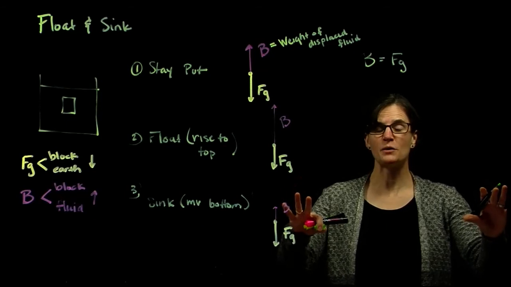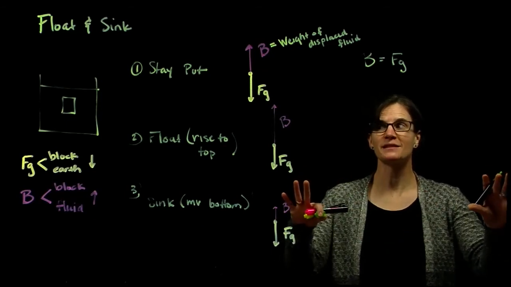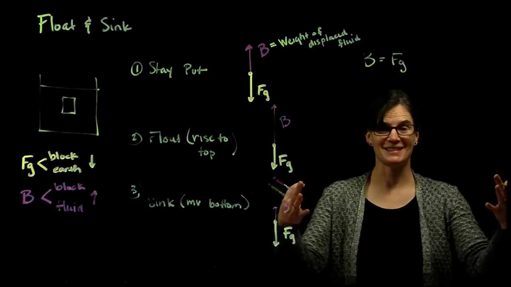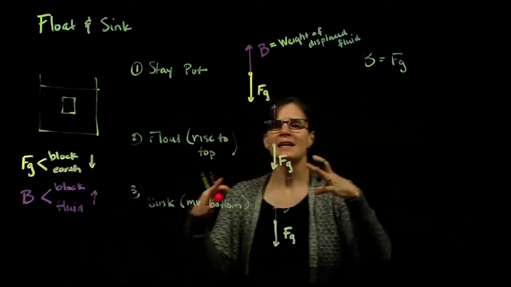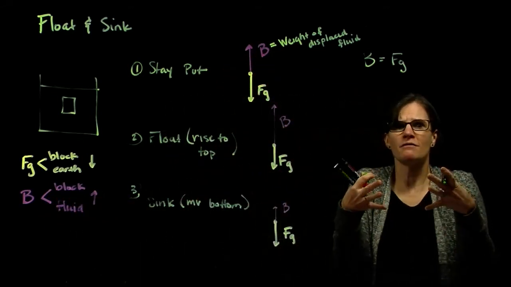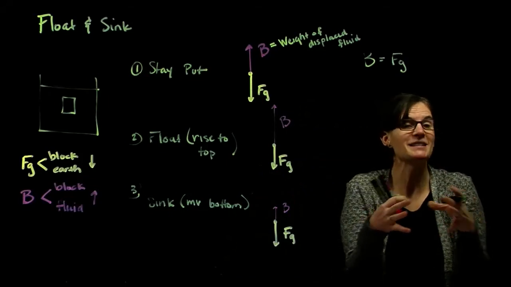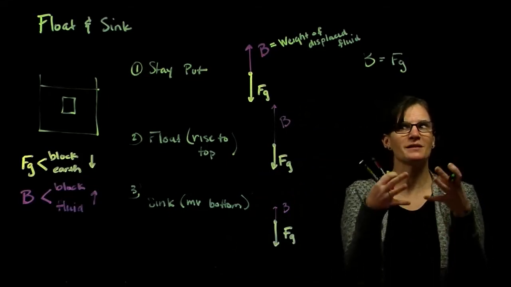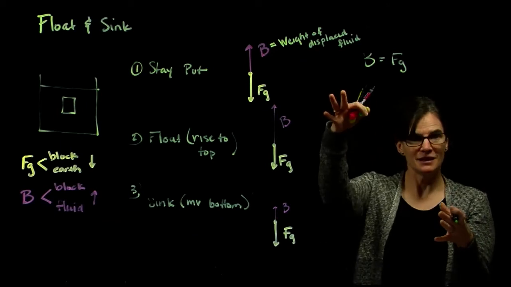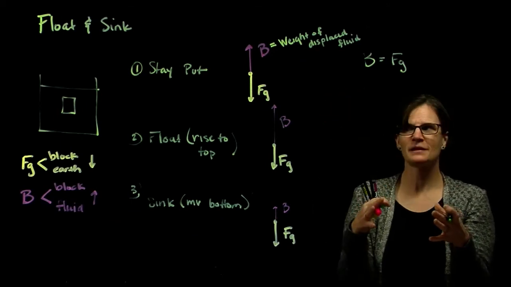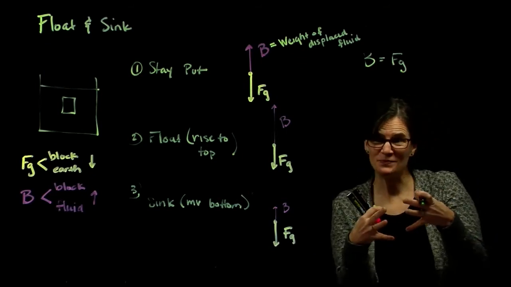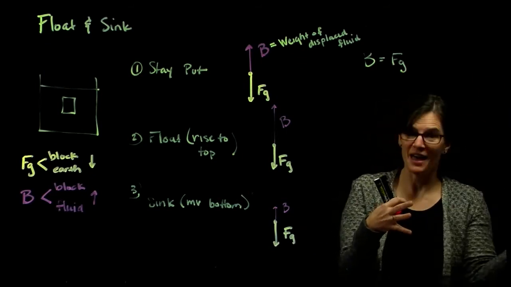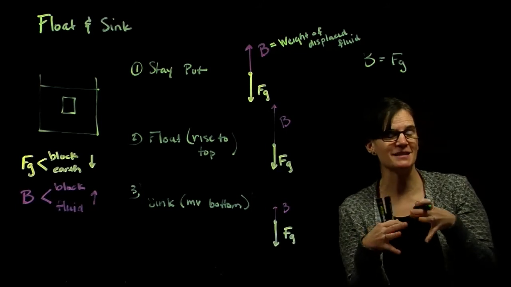Now, if we consider both of those objects from a volumetric standpoint, the weight of the displaced fluid is the amount of fluid that was displaced. The volume of fluid that was displaced is what I took the weight of. The object has the volume of that displaced fluid because it took up the space.